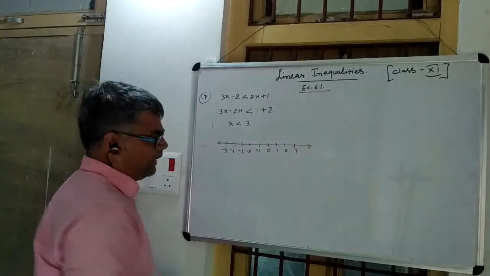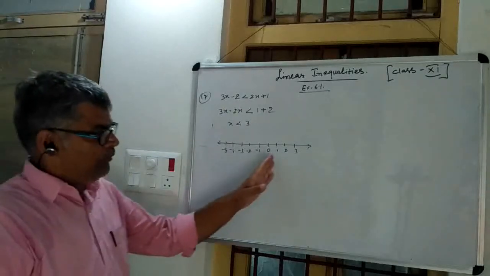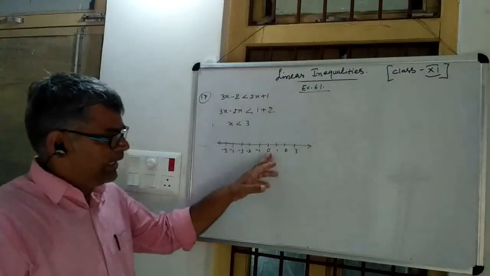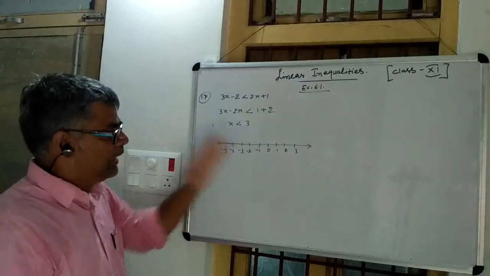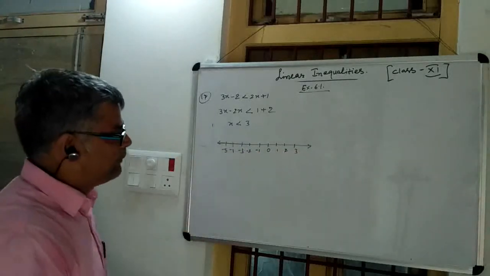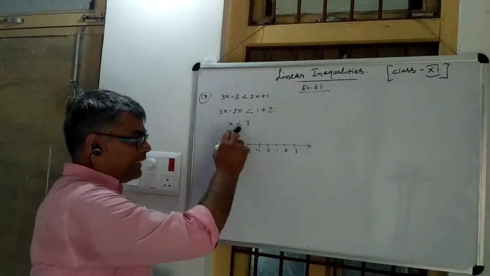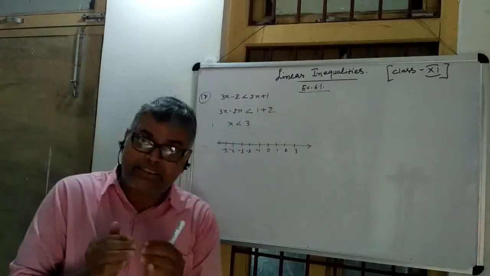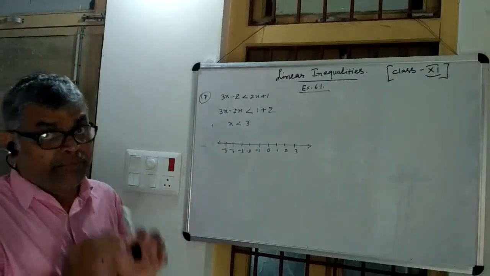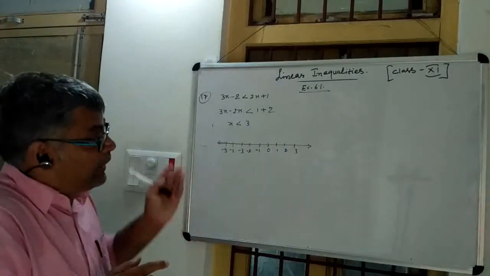As you know, there are positive numbers on the right side of 0 and negative numbers on the left side. Now the solution is x smaller than 3. It means that 3 is not included in it, but 2.99 can be included.